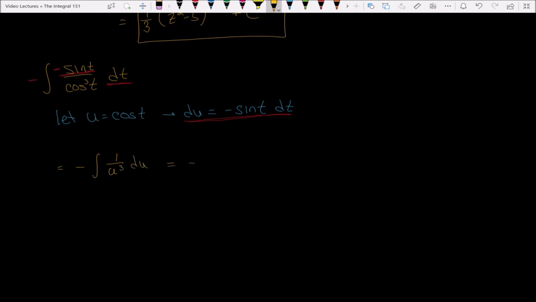Let's rewrite that as negative antiderivative u to the minus 3 du. Power rule says it's u to the negative 3 plus 1 over negative 3 plus 1. So that's negative u to the minus 2 over negative 2, 1 over 2u squared.